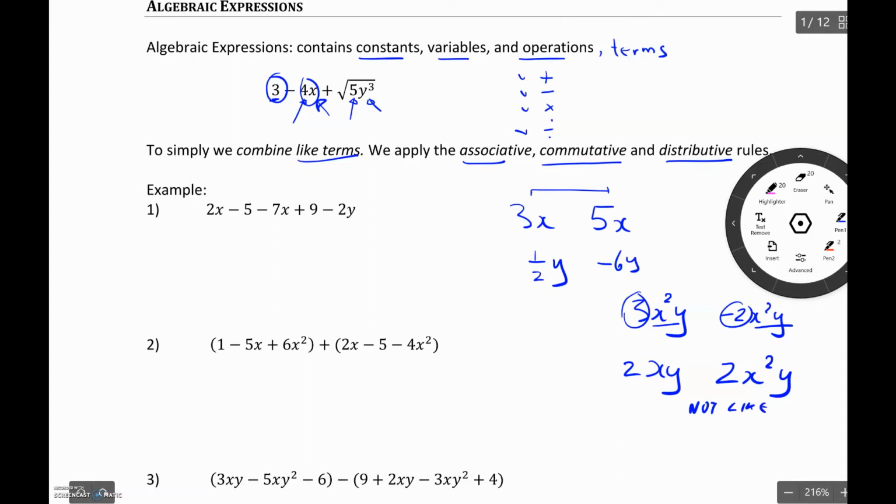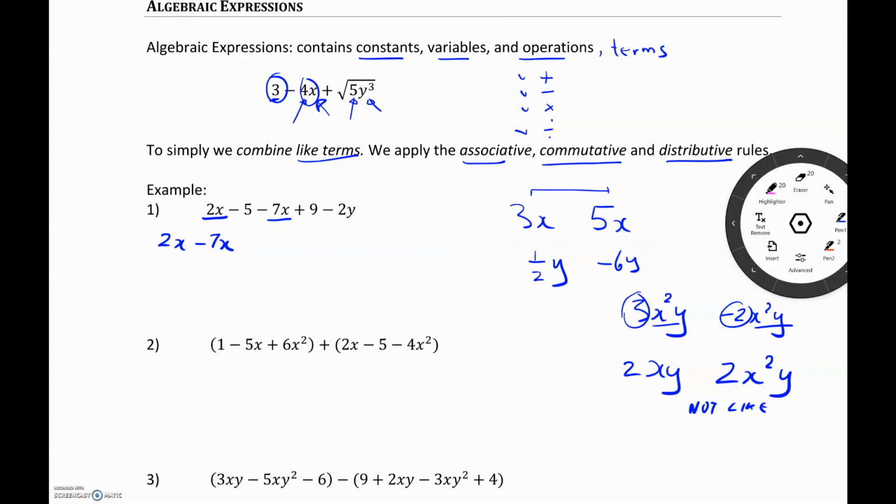The good thing about like terms is that they can be combined using the distributive rule. So let's look at this one. So the like terms here are the 2x and the 7x. So we could combine them. We could say 2x minus 7x. Notice that the 7 is being moved from the third position to the second.